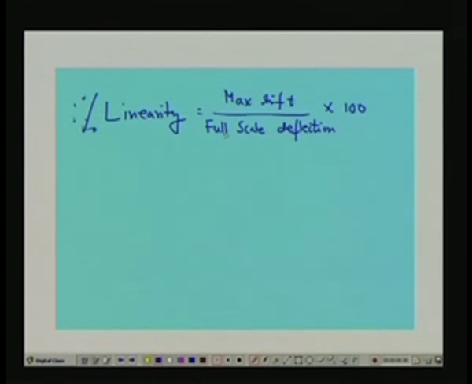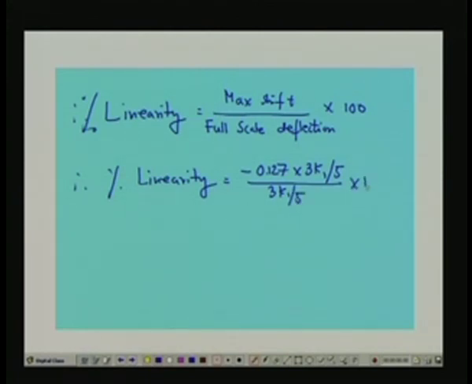So, the percentage linearity in this case is equal to minus 0.127 times 3K1 by 5 divided by 3K1 by 5 into 100. So, this is coming as minus 12.7%. So, this is the answer.